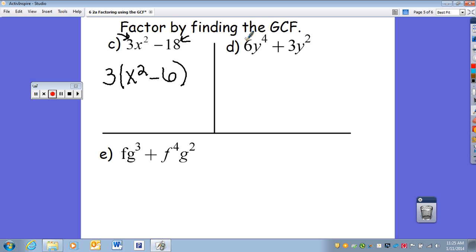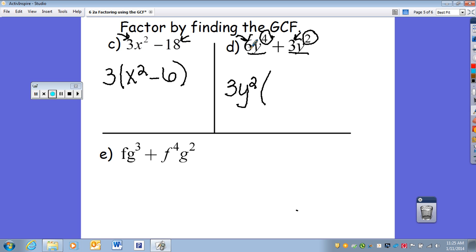Example D. Our coefficients are 6 and 3. They have a 3 in common. We have variable y and y, so we keep the base and we look at the exponents, a 4 and a 2. The smallest amount is a 2, so that can become our greatest common factor.